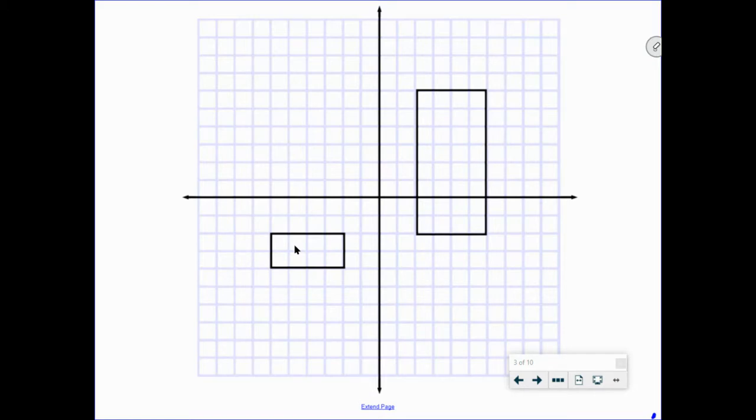So as we mentioned before, the scale factor here is 2, right? So you could say, I'm going to multiply by 2 first. So step number 1, dilate by 2, which means everything multiplies by 2. Now this right here is (-2, -2).